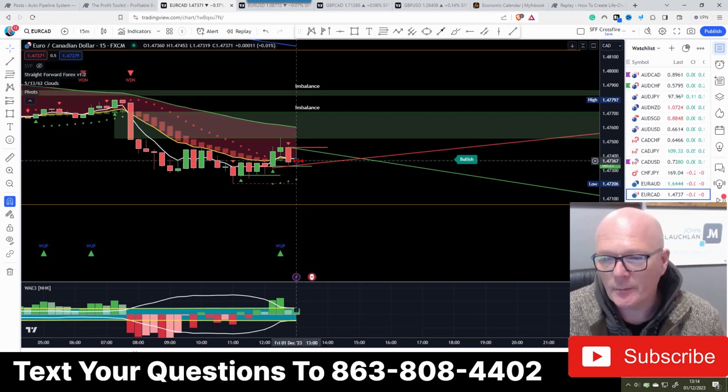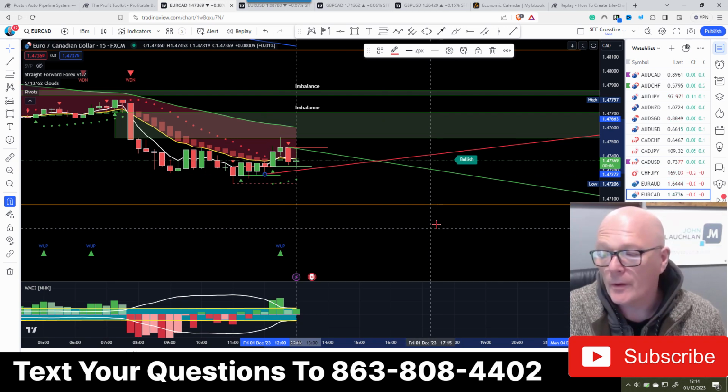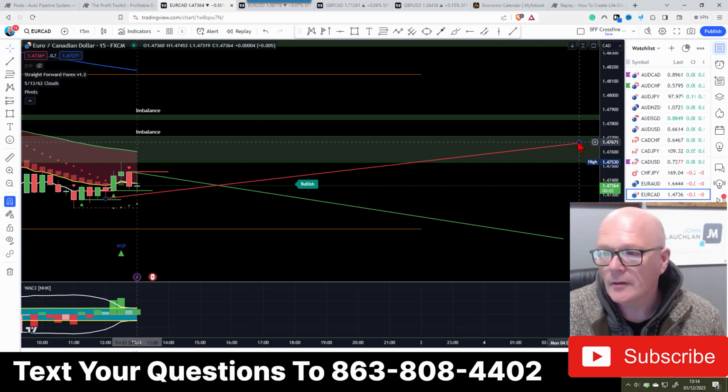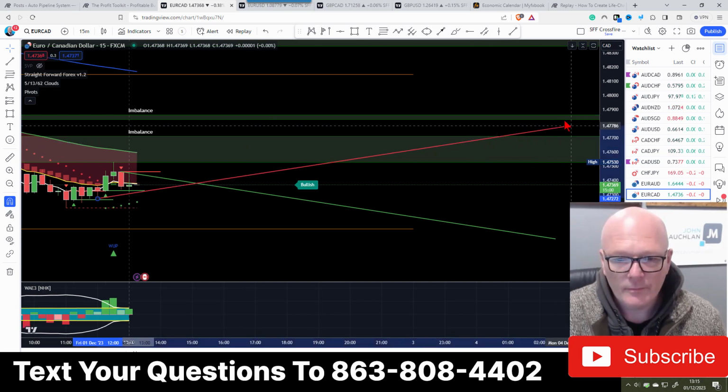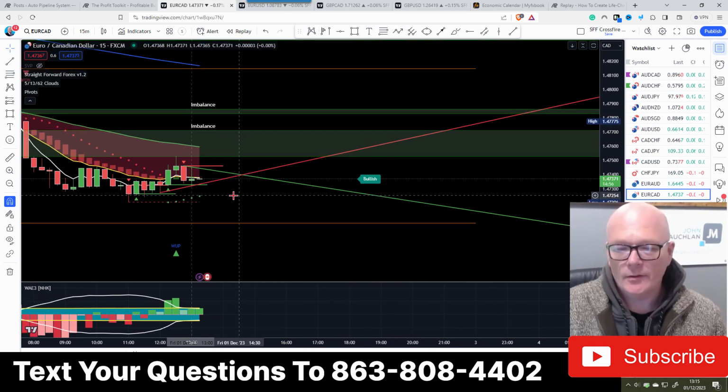You can see the wick has pushed down, so now we need to look for a lower low to the left of this green candle. The lower low is, I would say, this red one here. Is it going to change in the next few seconds? Maybe not. There we go, that's it.